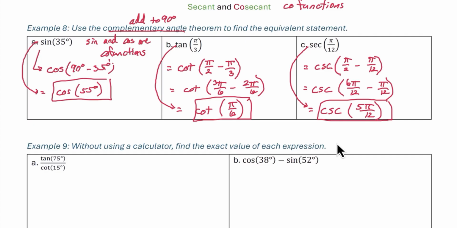In example 9, we want to calculate the values of these expressions without using a calculator. Recognize right away that tangent and cotangent are cofunctions. That's going to be helpful. Note that these are cofunctions.